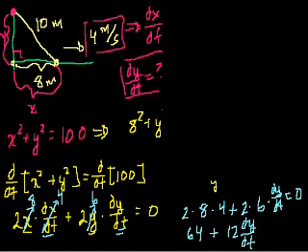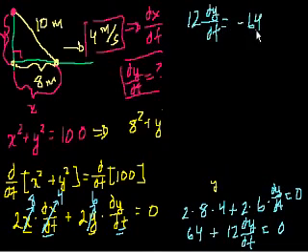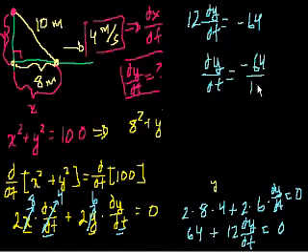Subtract 64 from both sides, we get 12 dy/dt is equal to minus 64. And then you get the change in y with respect to time is equal to minus 64 over 12.